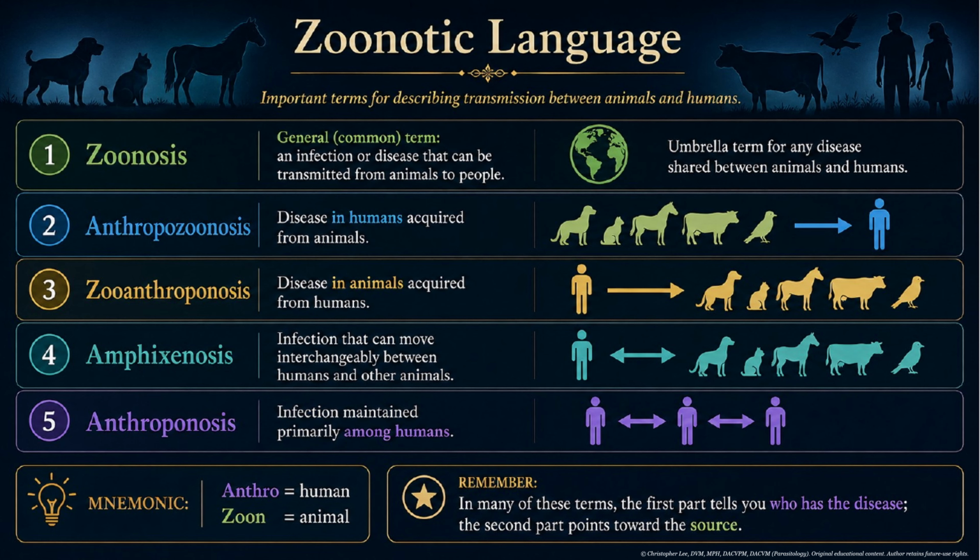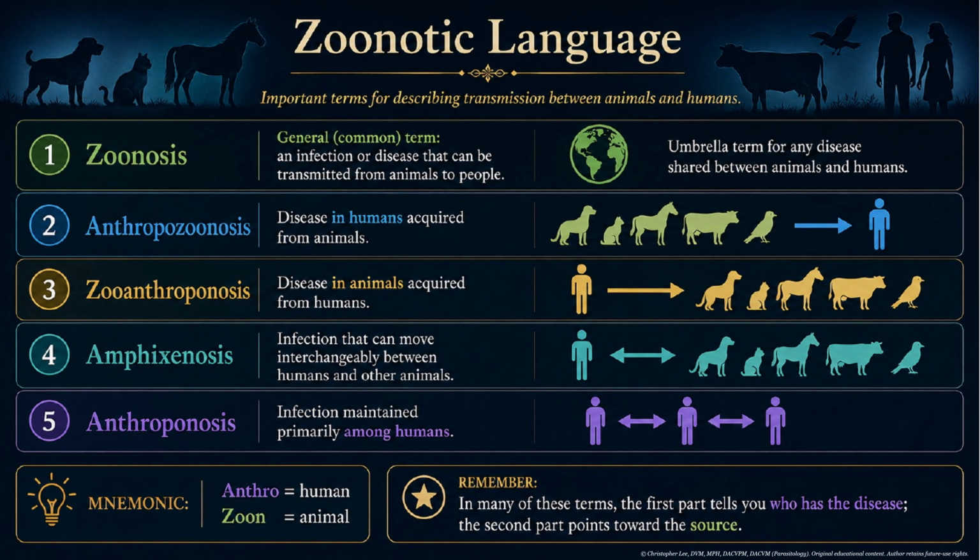Other directional terms also exist. Zooanthroponosis, sometimes called reverse zoonosis, refers to disease in animals acquired from humans. Amphizoonosis refers to infections that can move interchangeably between humans and other animals. Anthroponosis refers to infections maintained primarily among humans.